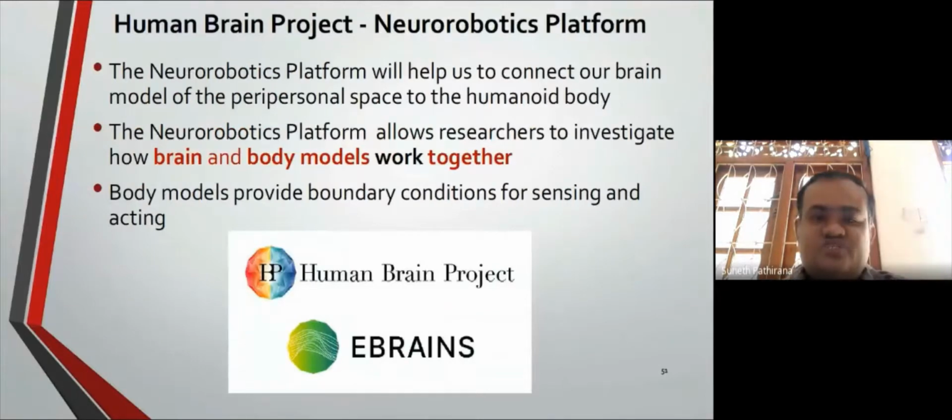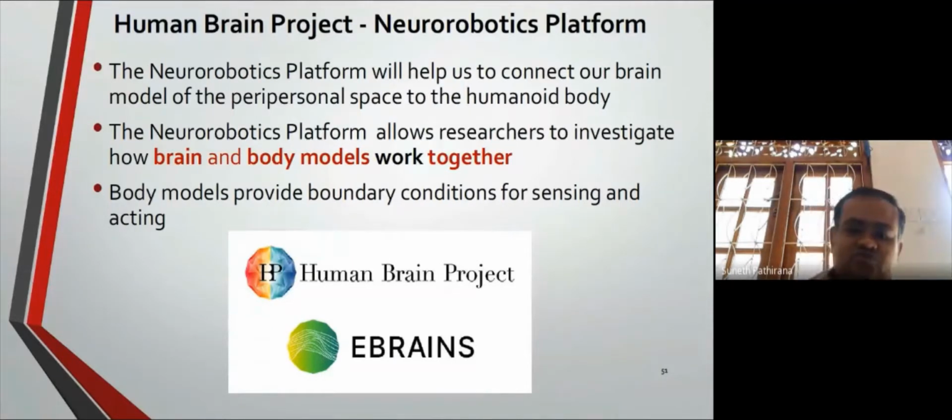And here's a recent project by the Human Brain Project, the EBRAINS company. They want to learn how the brain and body models work together. That means how biological or natural motor control mechanisms are synchronized with the brain.